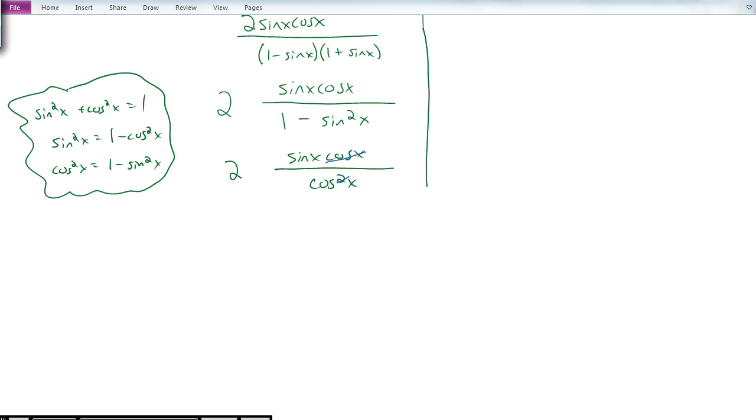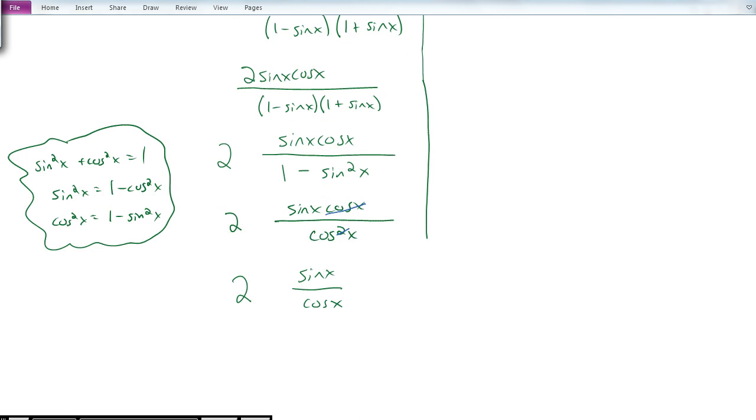So I'm left with 2 sine x over cosine x. And I look up, and lo and behold, that was what I was looking to get equivalent to. So once again, that's an identity that's always true.